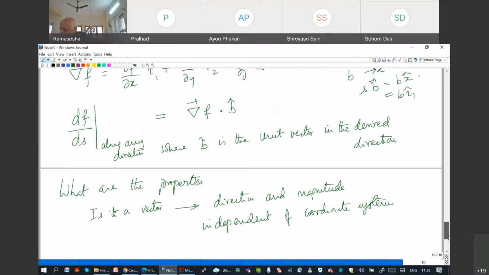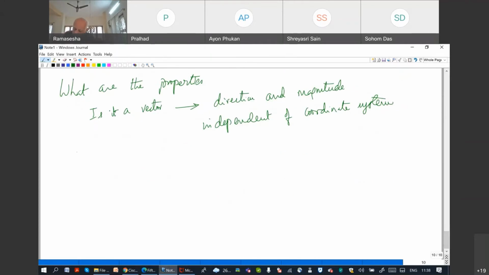Well, in this case, let us see what happens. We know that we are differentiating at the point P, point P in a given direction.